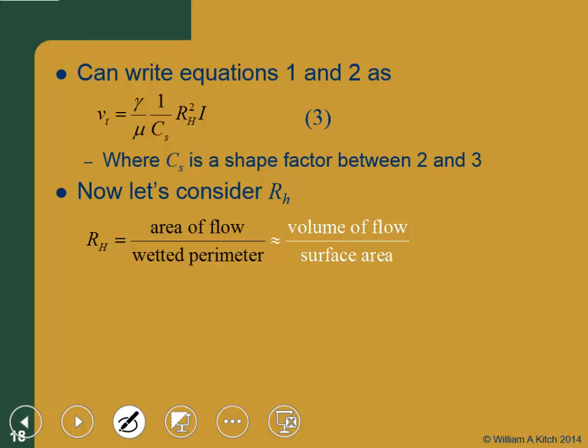If I do this in 3 dimensions instead of 2, think about the volume of flow I have, and then the surface area all surrounding that flow. That would be approximately equal to the wetted perimeter. So that would be the volume of the voids divided by the surface area of the solid material in the soil. Are you with me now?